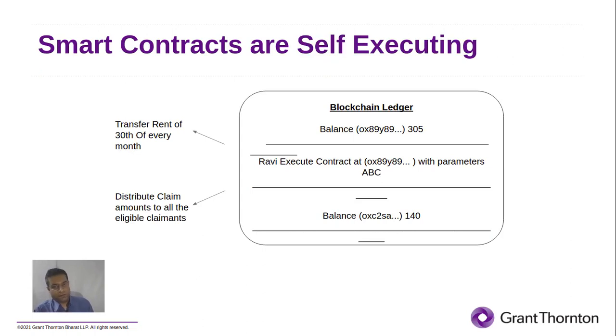So the moment we send a transaction to a contract, it can execute itself, and that makes it very, very important. There are claims that smart contracts are digital laws, and to some extent that's true because smart contracts execute exactly according to the execution flow that's defined in the contract on the blockchain.